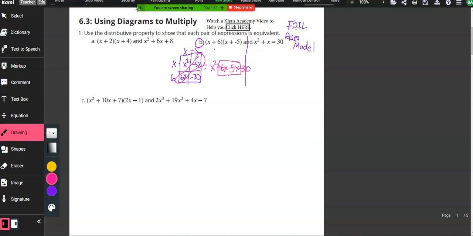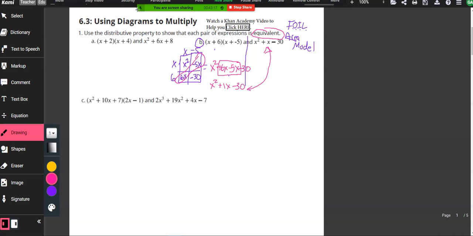And then these terms in the middle combine. So this is x squared plus 1x minus 30. So you see that they're a match, they're equivalent. I use the area model, but it's not mandatory.